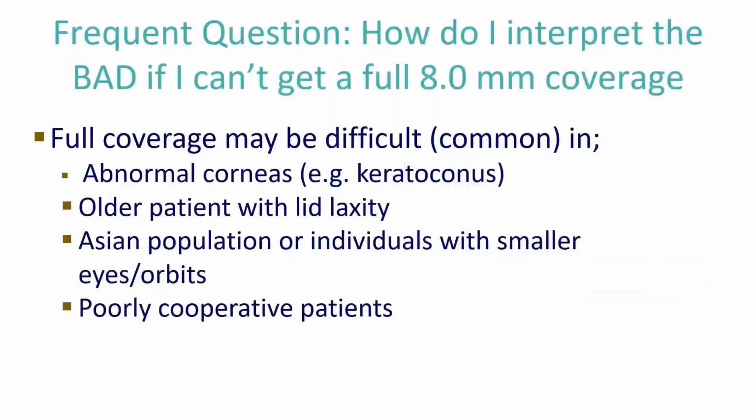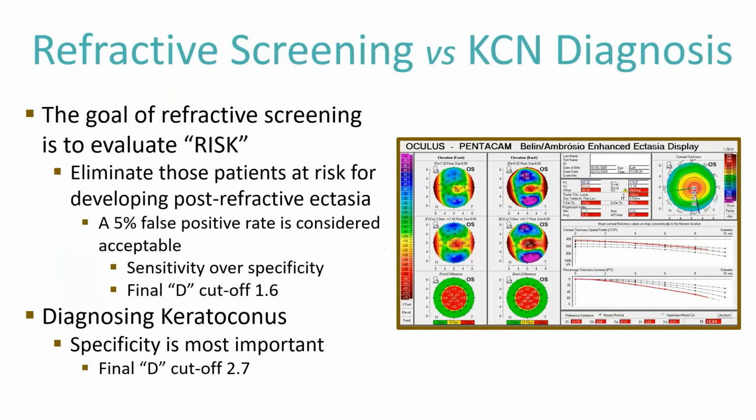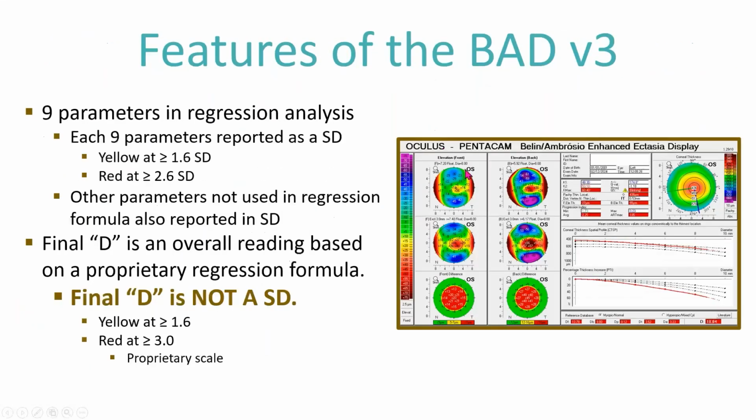So there are some frequent questions I get, particularly about how do I interpret the BAD if I can't get a full 8 millimeters coverage. Let me see if I can back up for a second. You'll notice here, this number up here tells you how much coverage you're getting, and the display is based on getting 8 millimeters of coverage.